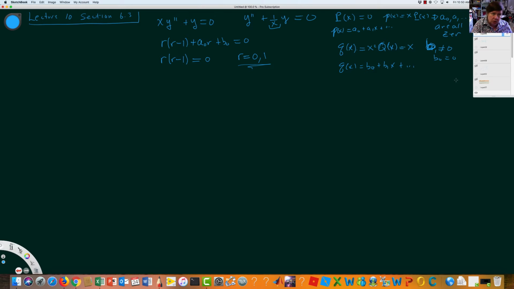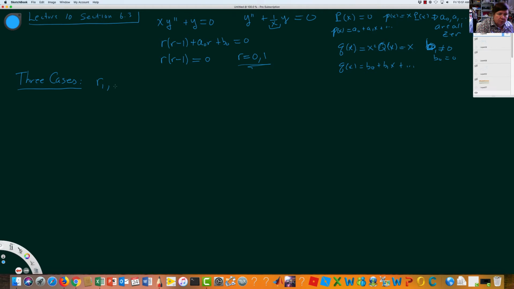And this is the situation in which you've got to do something else. But I want to show you that there are rules that tell you whether you're going to be in that situation, which is cool, given the indicial equation. Okay, so let's take a look at that. There are 3 cases that help you understand what you're going to get out of this. What we're going to do is assume that when we write R1, we mean the larger of the two.